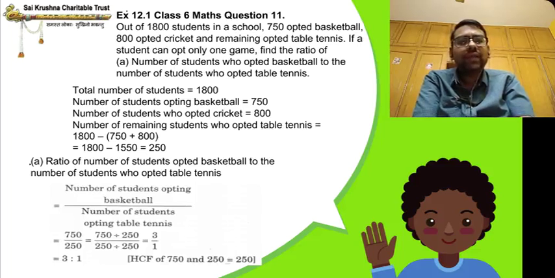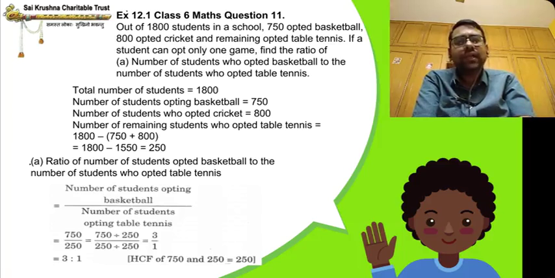To find how many opted table tennis, total students 1,800 minus the sum of basketball and cricket students. So 1,800 minus 1,550 gives 250. 250 students opted table tennis.